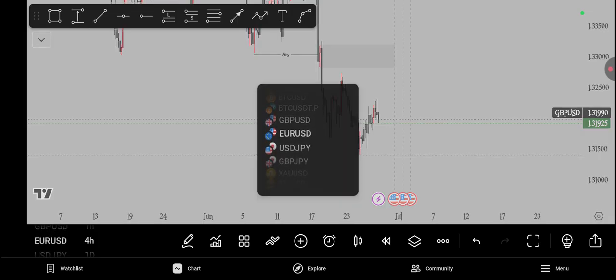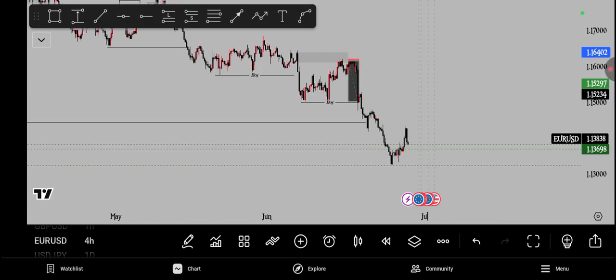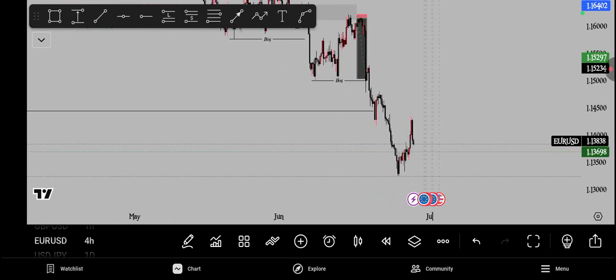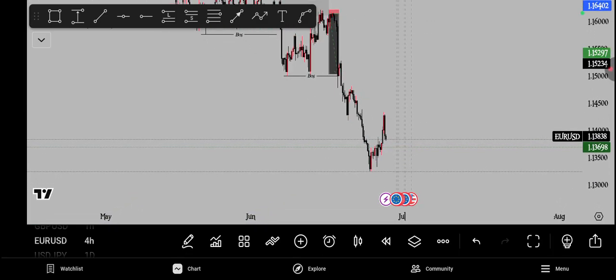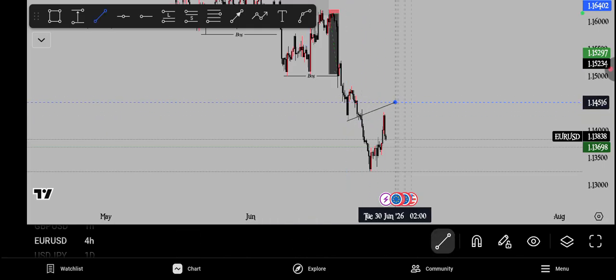This week, Euro USD movement was somehow different from GBP USD. But let's see. Here is the same thing. Where was the last break of structure? The last break of structure occurred around here.